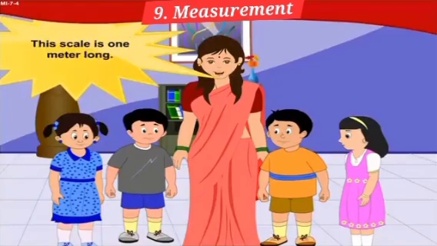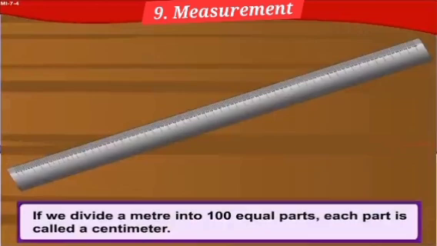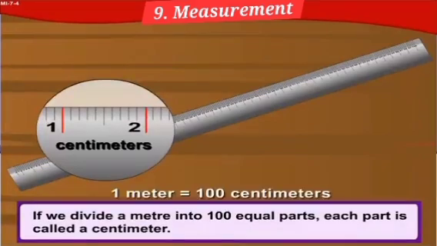This scale is 1 meter long. The meter is a standard unit which is used for measuring length. If we divide a meter into 100 equal parts, each part is called a centimeter. So, I can say that 1 meter is equal to 100 centimeters.